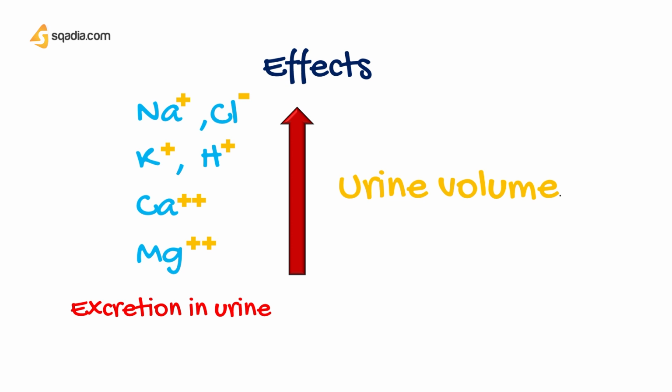These drugs are not only going to raise the concentration of these ions in the urine, but they are also going to produce copious amounts of urine. So urine volume is also going to be raised. So they are going to produce massive diuresis, and they are very effective as well.